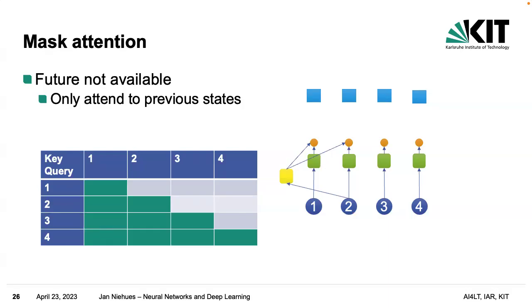At position 2, you can query position 1 and 2, so you can get information from 1 and 2 and use both of them to calculate the new hidden state. At position 3, you can use 1, 2, and 3. And at 4, you can use everything. But you can only always look back to the past. The only restriction we have to make is to change our attention matrix, so which queries and keys are combined, and then we can restrict ourselves from a bidirectional model to a unidirectional model.